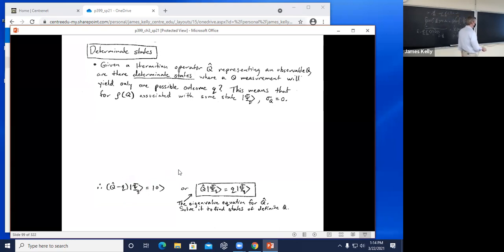So we're presuming here that we want this state to be a definite Q hat state that's centered on value little q. This has to be true.